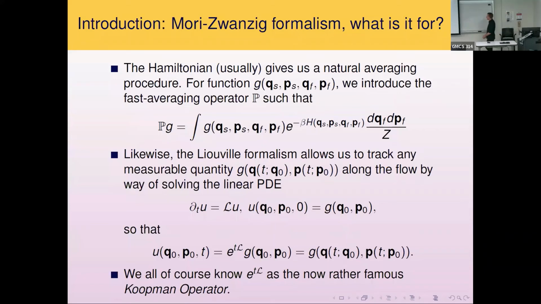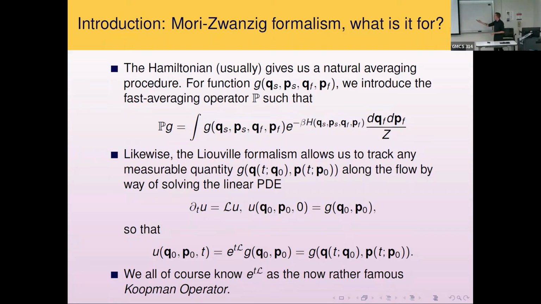Now, an interesting correspondence, and this is a lot of what this work came down to, with these Hamiltonian formulations of stat mech, is that the Liouville formalism, in which we can track the evolution of any observable along my flow in terms of, say, generalized position and momentum, is just a linear PDE.